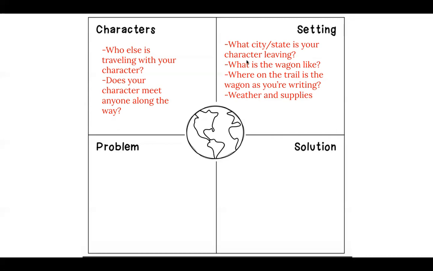Then also for setting, think about what is the wagon like where your story is taking place? What is it like? Where on the trail is the wagon when you're writing? Are you writing your entries while you're traveling from the beginning of the trail to the end?